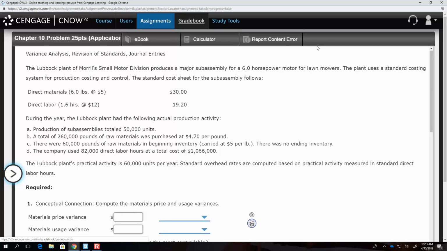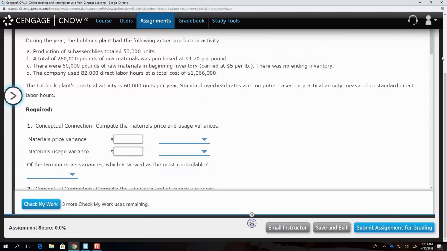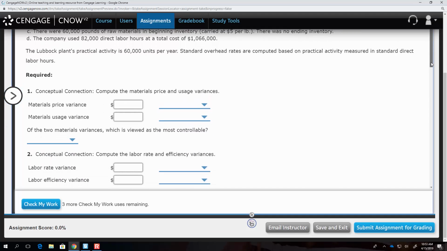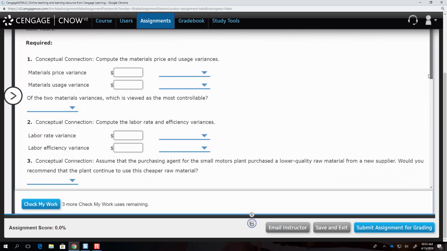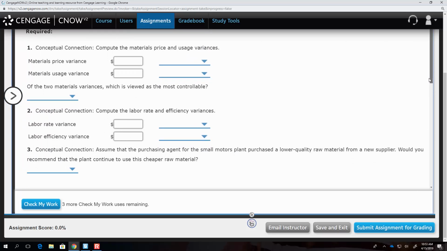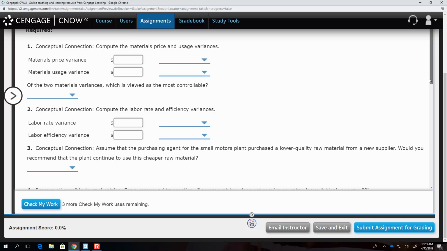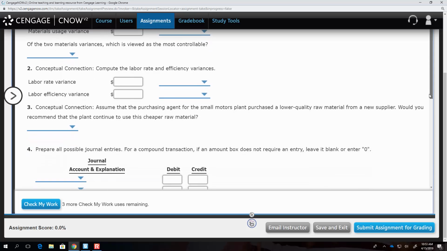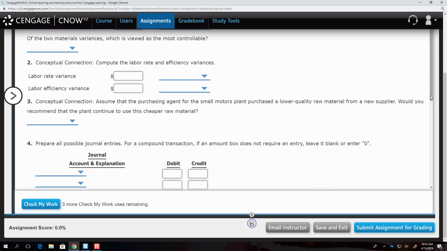The main part of this problem is computing the material variances, right? And then also the labor variances, questions 1 and 2. They do have an ethical question in question 3. It says here the purchasing agent purchased a lower quality raw material from a new supplier.